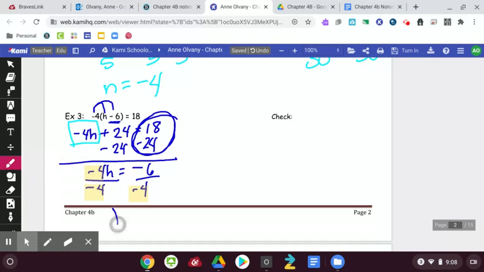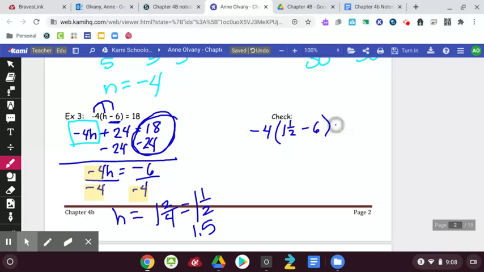And that gives us h equals a positive 4 goes into 6 once with 2/4 left over, which is actually 1.5. And of course, you can have 1.5. Let's try our check. Negative 4 parentheses 1.5 minus 6 equals 18.